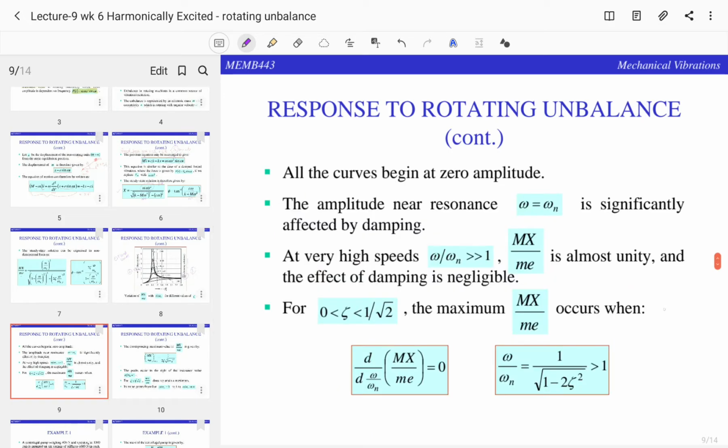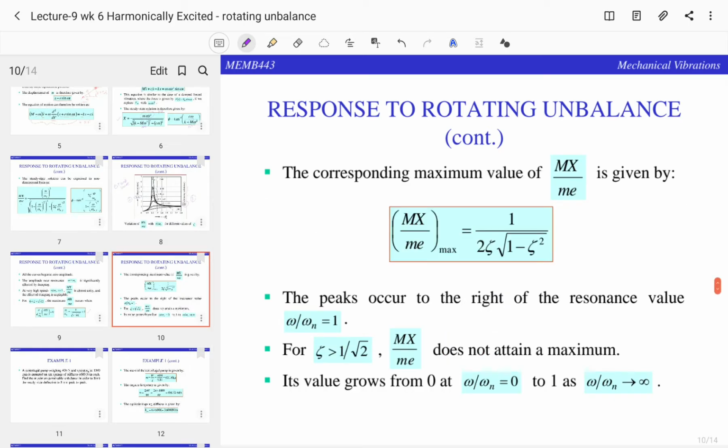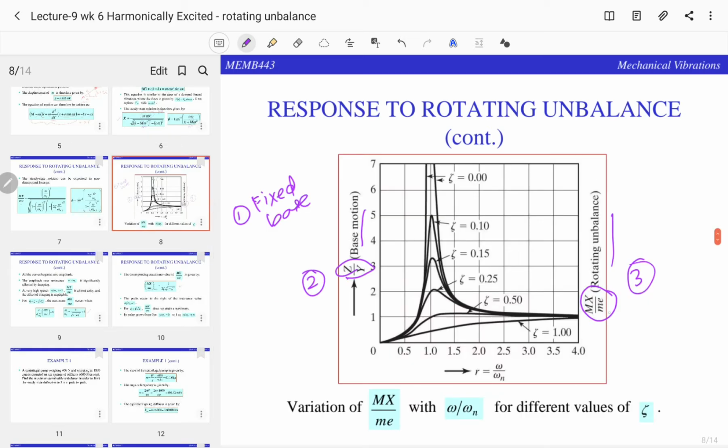You can actually estimate the R value when it is equal to 1, greater than 1. Then the corresponding value of MX, you can get the maximum value of the amplitude. That refers to this axis, but the figure is still the same.